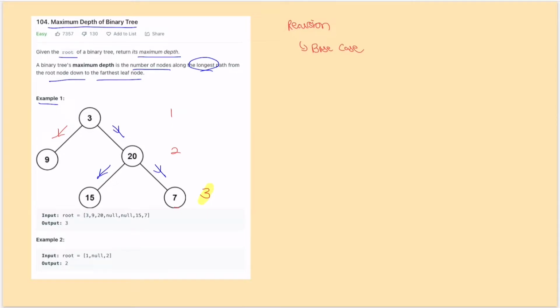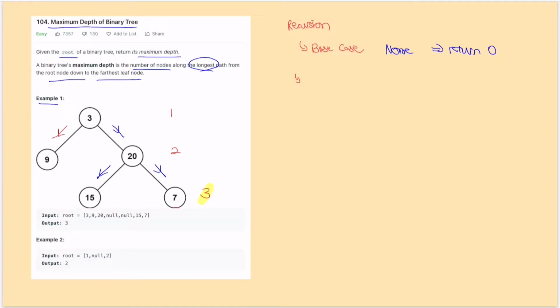The most trivial case is definitely when we meet something that is None. That will mean that it is not even a node in the first place. So for a base case of None, you simply return 0, because if it doesn't exist, it simply doesn't have any depth.